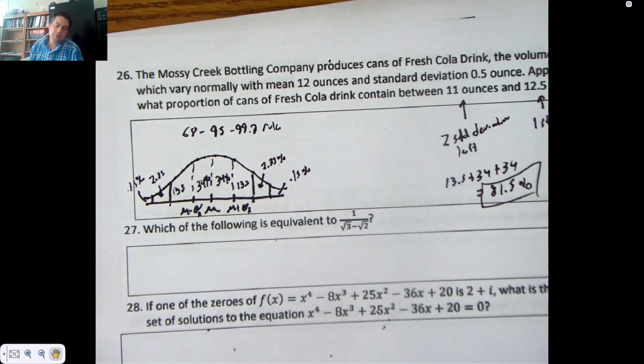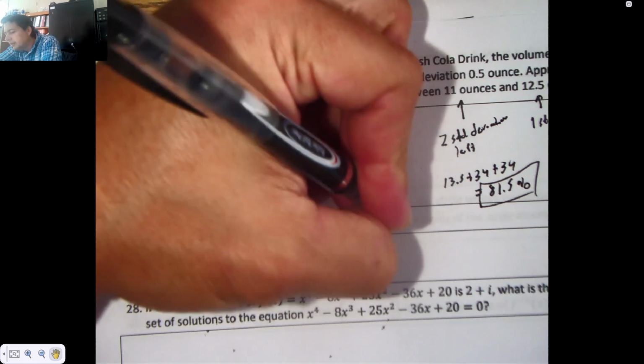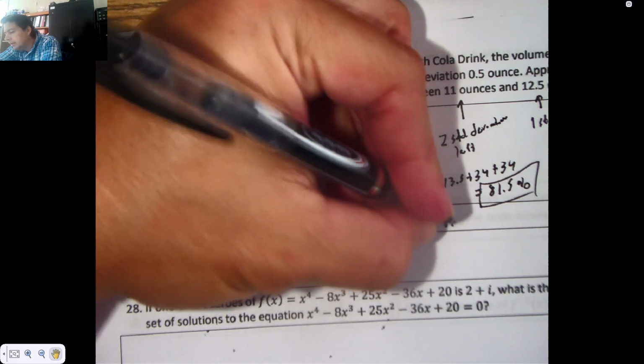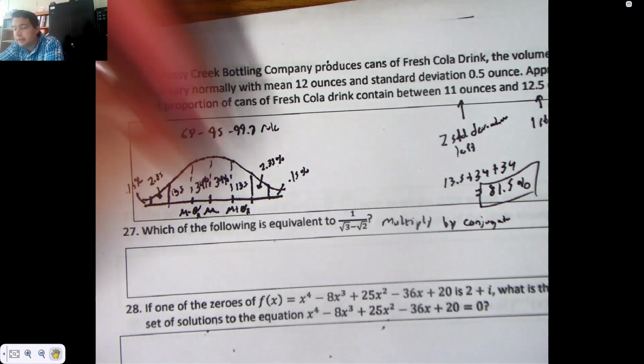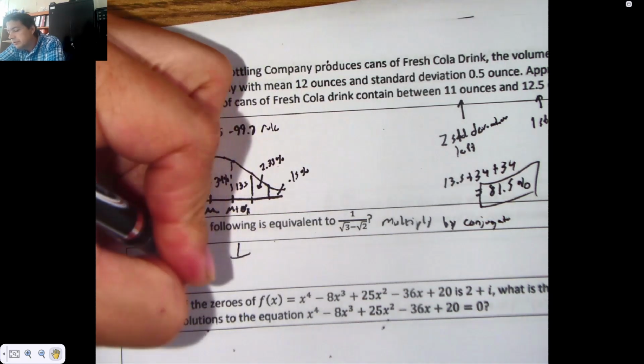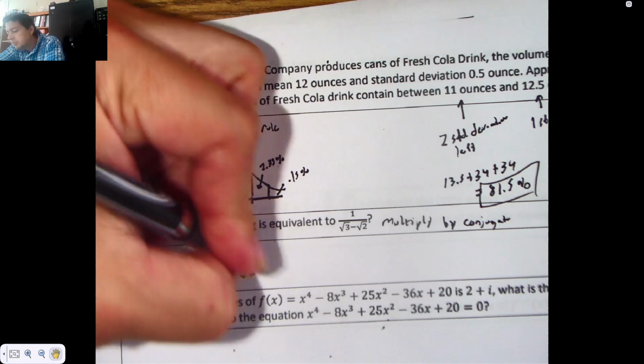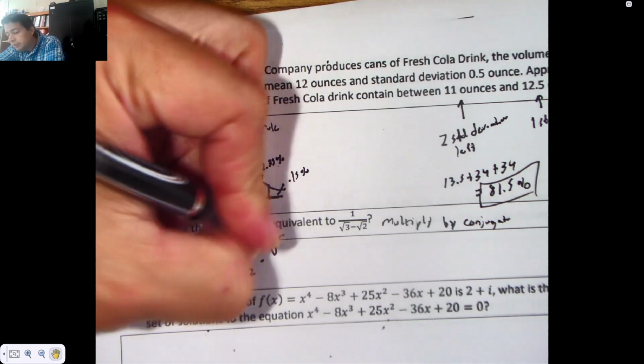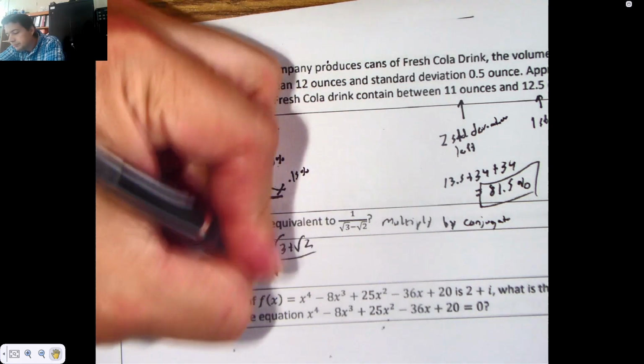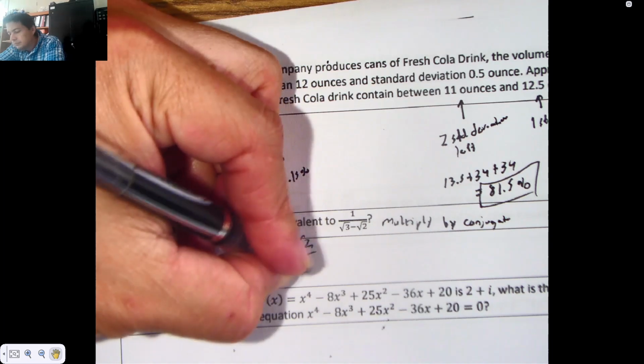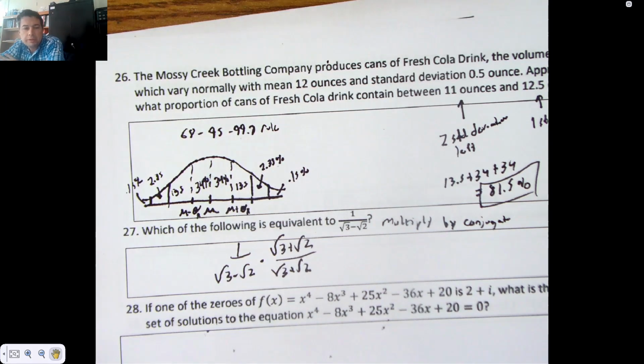You were taught this last year in geometry. You multiply by the conjugate. That's also what we're doing here right now. So 1 over root 3 minus root 2 is multiplied by the conjugate, root 3 plus root 2. That should do it.